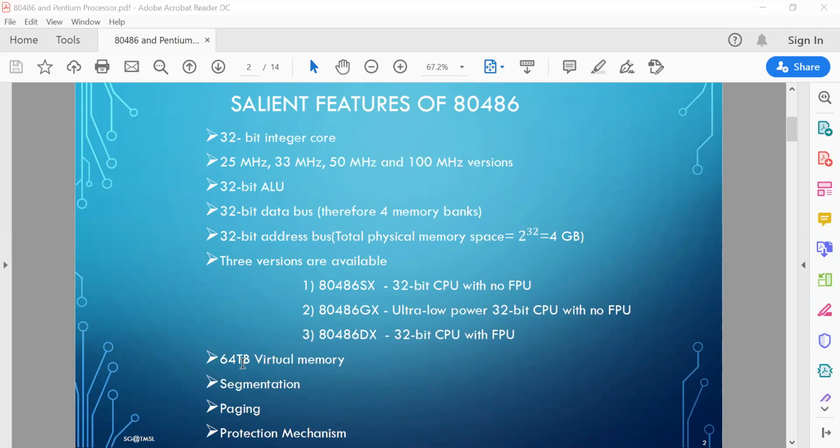That's why the protection mechanism is there, and the operating system is implemented here to check whether any application program is related to that privilege level or not. If the same privilege level is there, then no problem. If the privilege levels are different, then access cannot be given to the end user or the programmer.